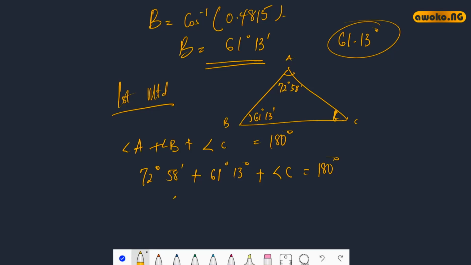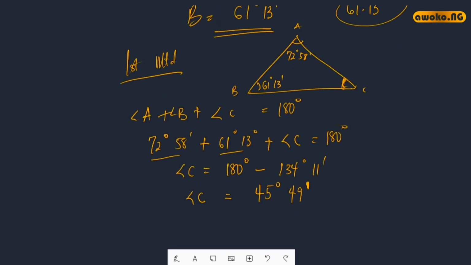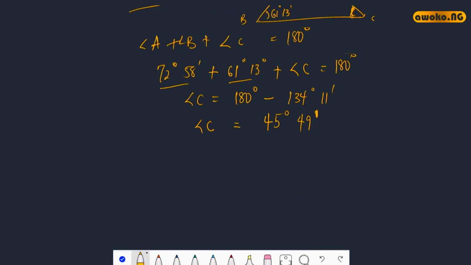So we have angle C equals 180 degrees minus, if you add the two together, 134 degrees 11 minutes. Then angle C will give us 45 degrees 49 minutes. So that is our angle C.